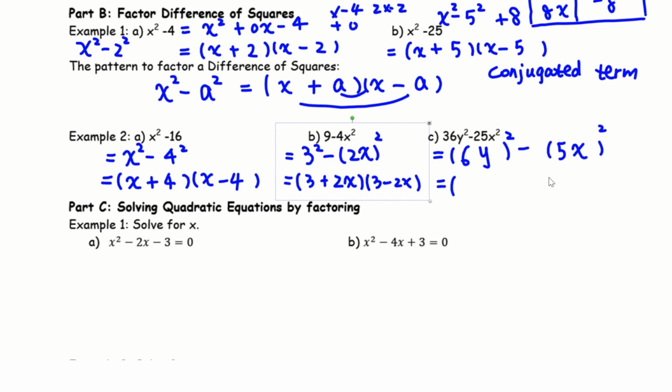Then you just put the square root bases in the bracket. 6y times 6y gives you 6y squared. 5x times 5x gives you 5x squared. But one needs to be positive, one negative, then it gives you minus 25x squared. And the cross terms are opposite. 30xy minus 30xy is 0xy. So that is correct.